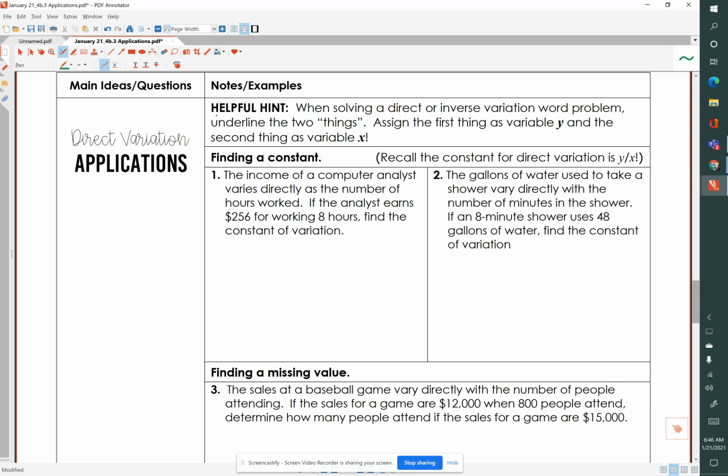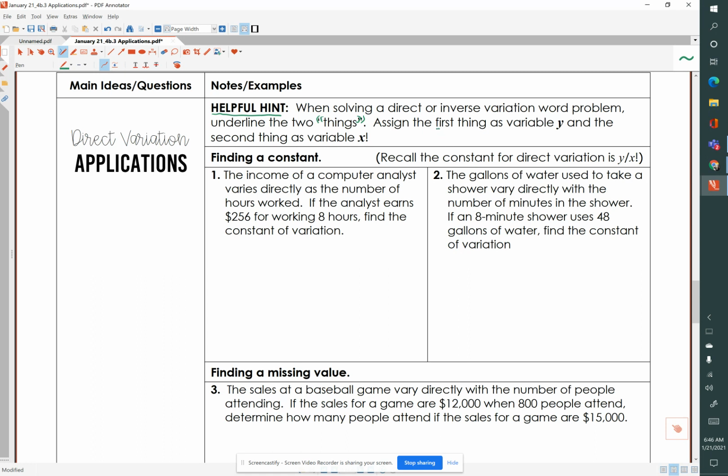So here's a helpful hint. When solving a direct or inverse variation word problem, underline the two things. You're going to have two things, okay? Because direct and inverse variation is always about the relationship between two things.